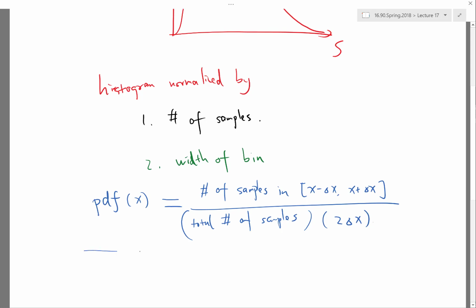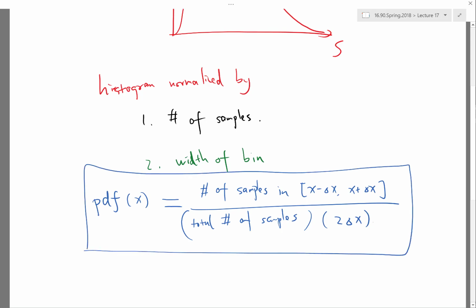There is a more mathematical definition, but empirically speaking, this is what the probability density function looks like. It's basically the density of the samples when you have infinitely many samples and a tiny bin size.